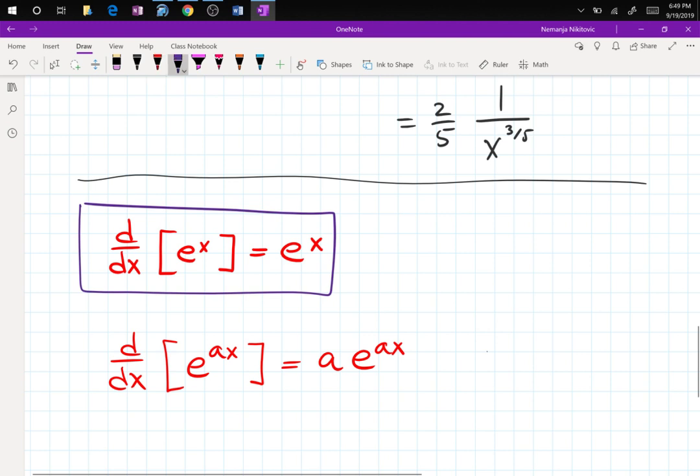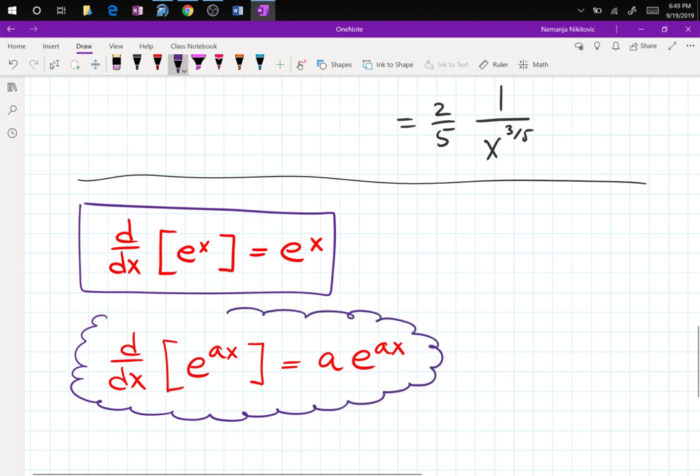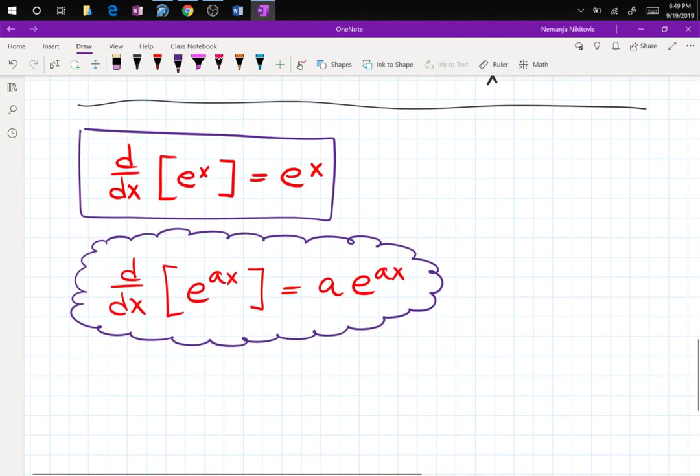I put this one on a cloud, because most of the time you actually see this one, not the one on top. This allows you to take the derivative of, let's say, e to the 3x. So you have to find the derivative of e to the 3x. And what's the answer? Very good.